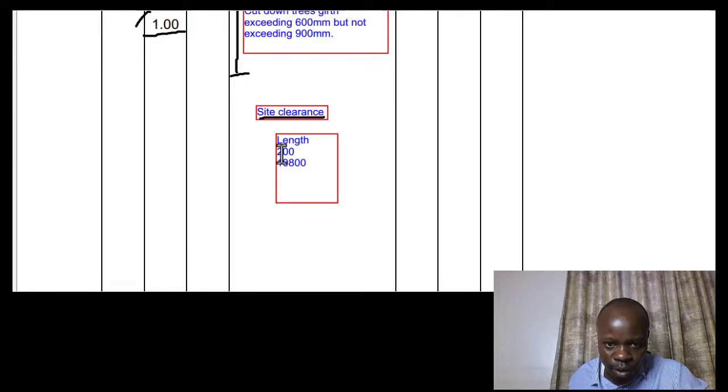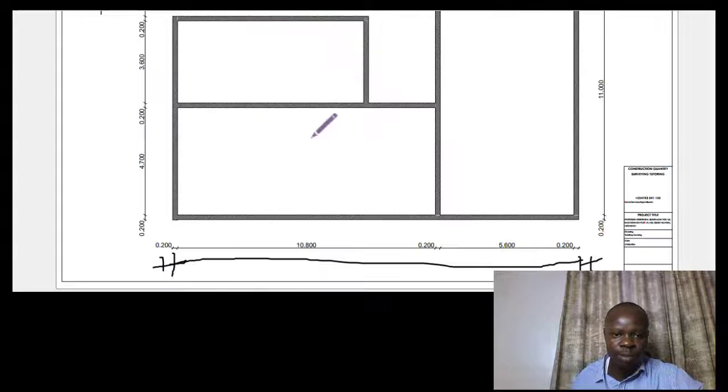Then 10.8 is 10,800. Of course, you have to consider that in terms of your arrangement, it's very important that you remain orderly and be able to indicate your dimensions well. So 200, 10,800, then 200, and then 5,600.